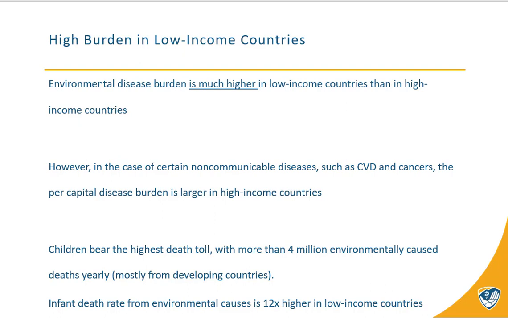The burden of environmental disease is much higher in low-income countries than in high-income countries. However, in the case of certain non-communicable diseases, such as cardiovascular disease and cancer, the per capita disease burden is larger in high-income countries.